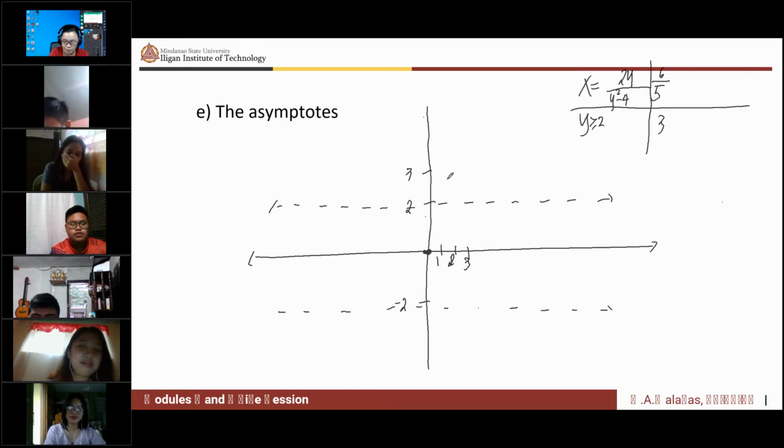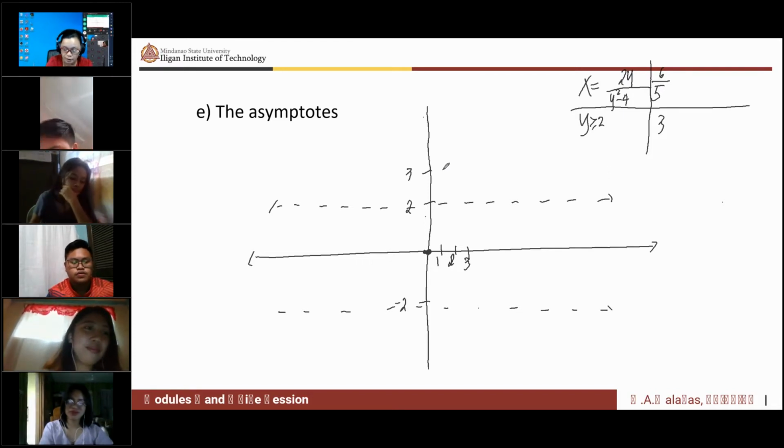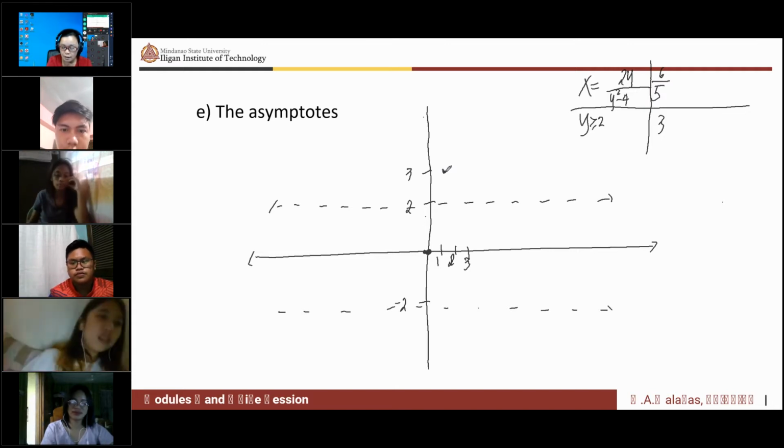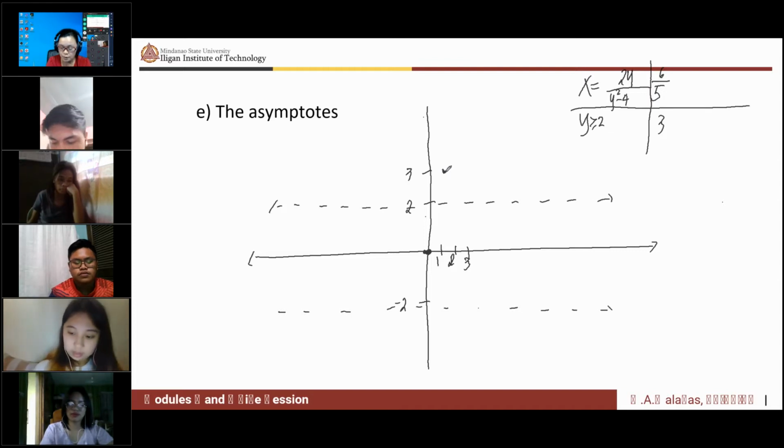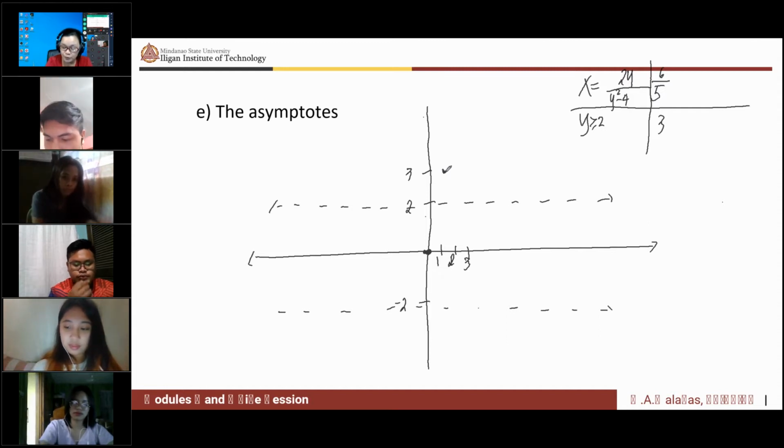So here, somewhere, 3. There's a point in here. And it is symmetric with respect to the origin, so we expect points somewhere here also, below, as I point those points there.